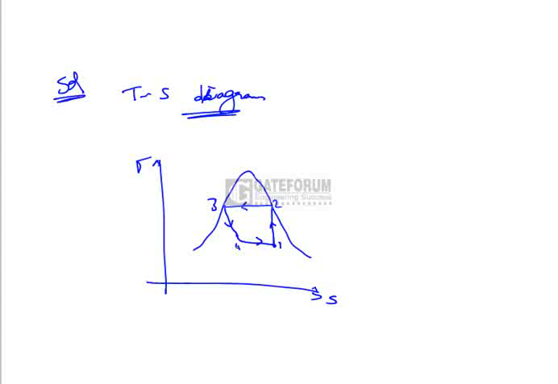Here 4 to 1 is at 25 bar and 2 to 3 occurs at 60 bar. The saturation temperature limits are 295 Kelvin and 261 Kelvin, and the given properties for these two conditions are as follows.